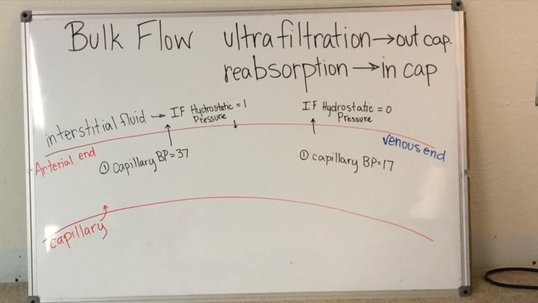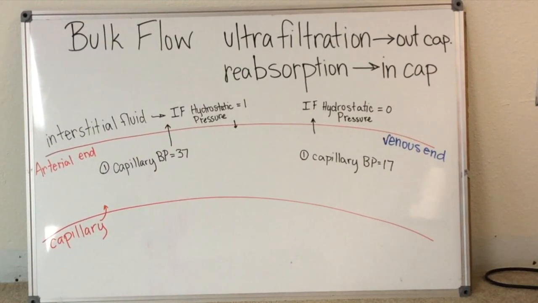A force that would push fluid back into the capillaries would be interstitial fluid hydrostatic pressure. This is basically the pressure from the interstitial fluid exerted onto the capillaries. Hydrostatic pressure is around 1 millimeter of mercury.